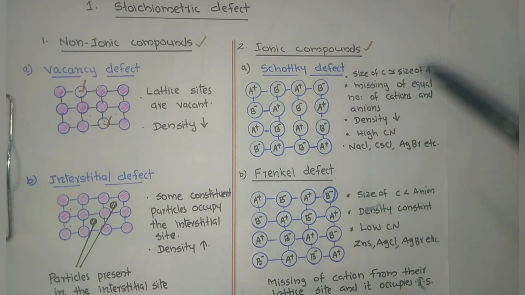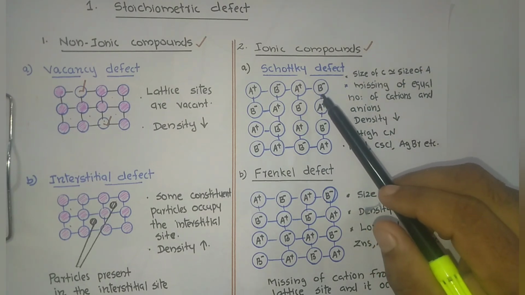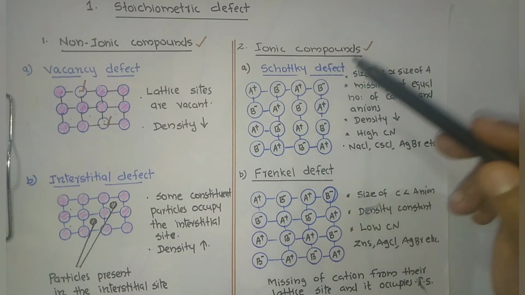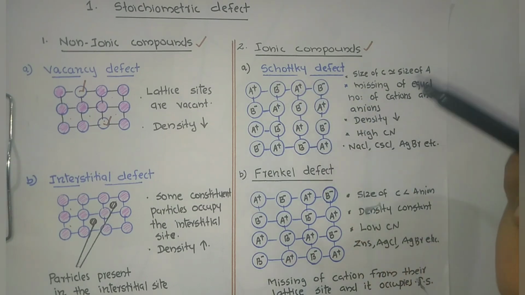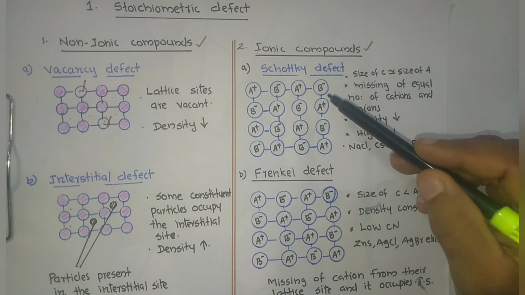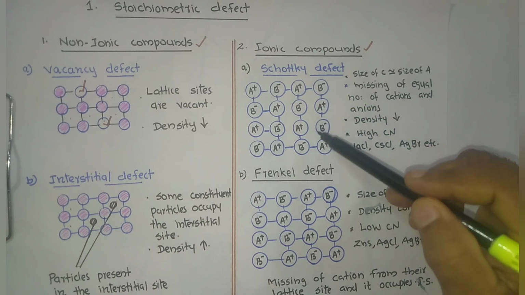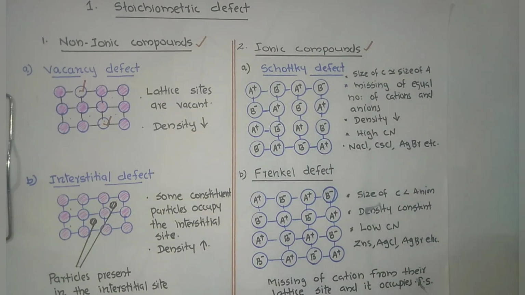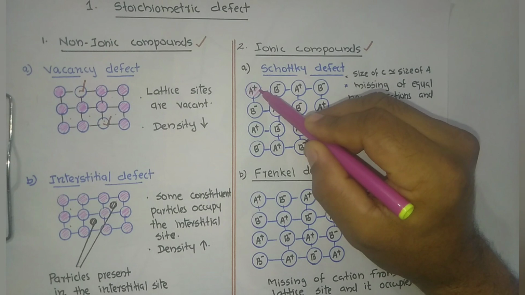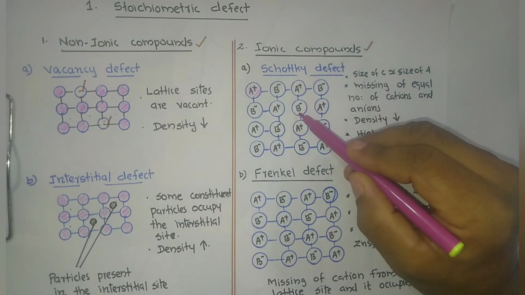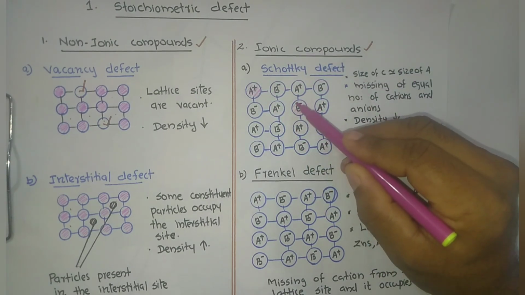So Schottky defect arises due to missing of equal number of cations and anions from the lattice. Here we are missing one cation, shaded like this. That is, A plus is missing from the lattice. Then B minus is also missing from the lattice.